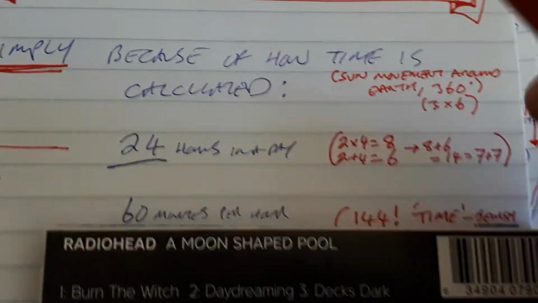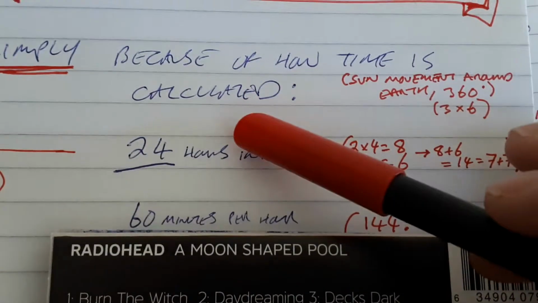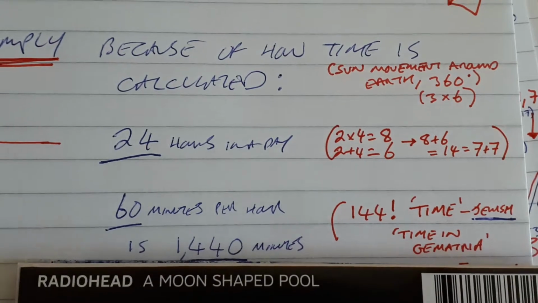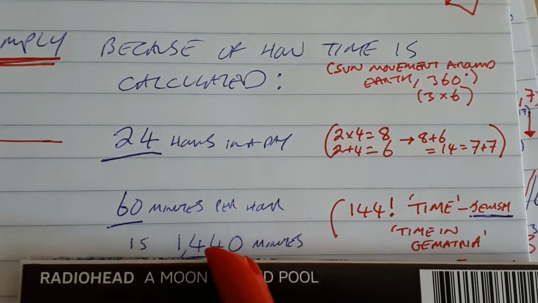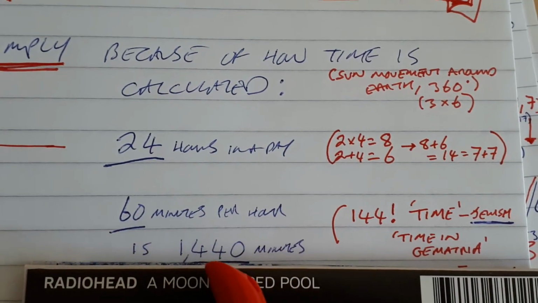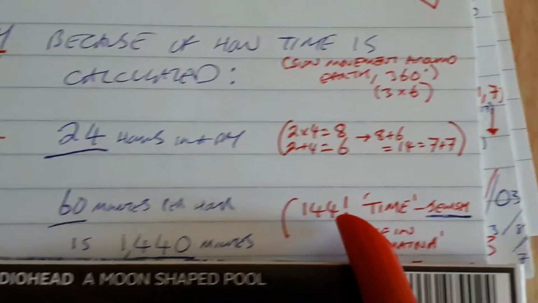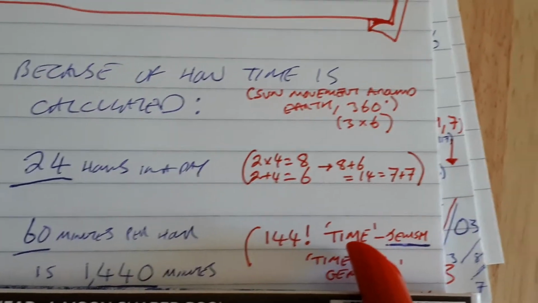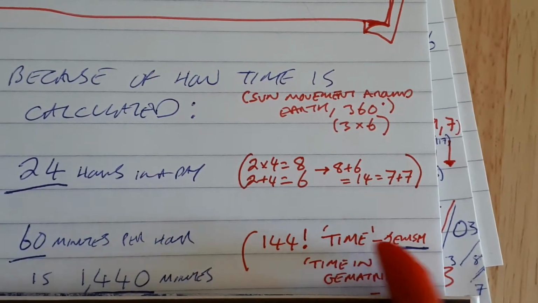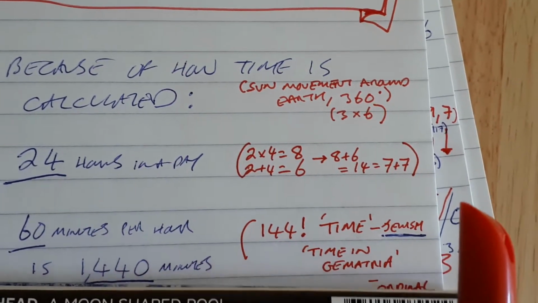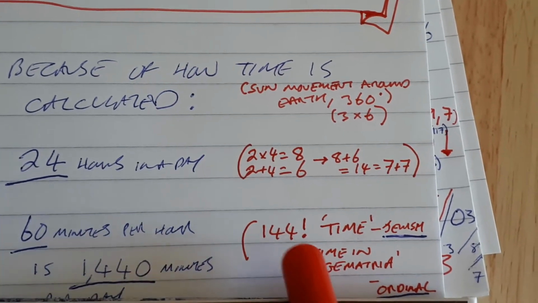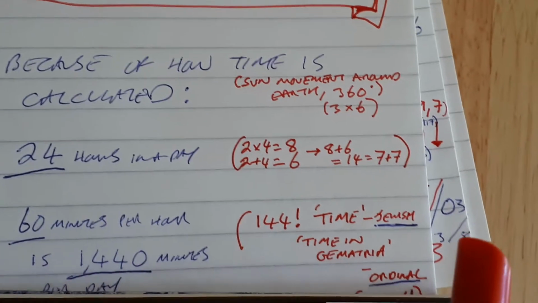So then, carrying on, we've got 60 minutes per hour. So that's just 60 times 24. Is that 1,440? And that can just be seen as 144, which is what time is in Jewish gematria, and also what time in gematria, the words of that, equals 144 in ordinal.